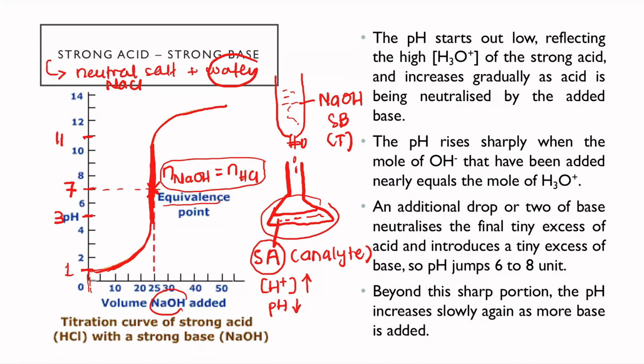Okay? Boleh? Okay, so maksudnya nanti later when you sketch graph, awak akan ada initial, and then you will have the region before your equivalence point. And then you will have your equivalence point, right?